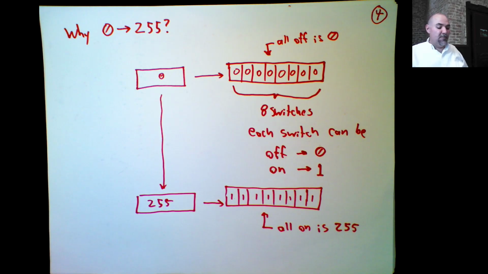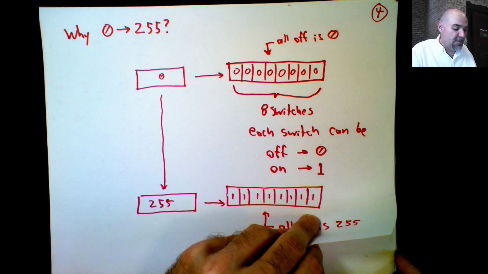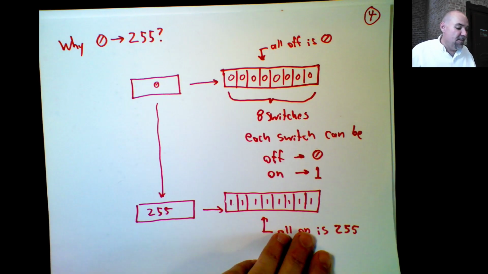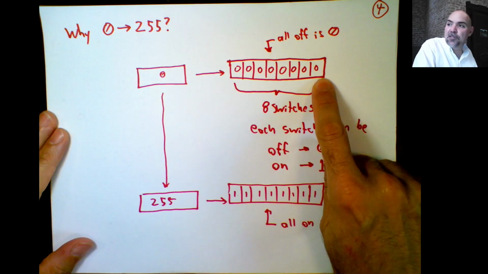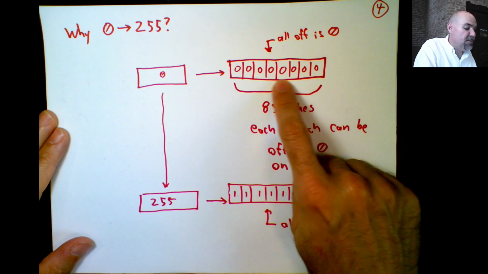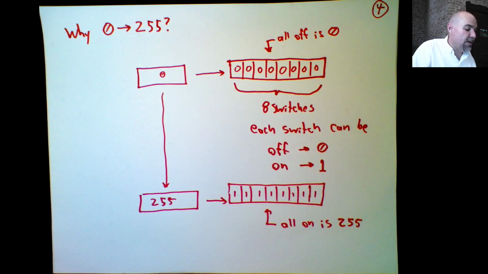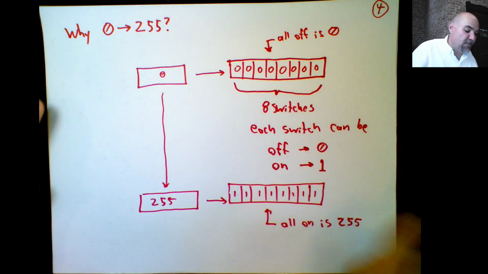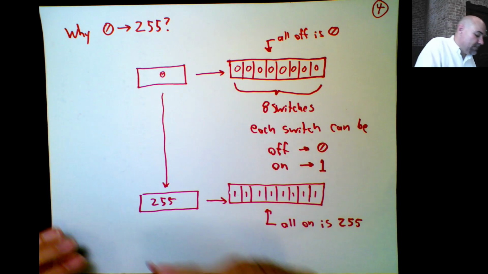And I'm going to go one step further in explaining this. The cool thing is that each of the positions in this are really just places, just like you would have in a decimal number. But since there are only 2 possibilities, 0 and 1, this is a system called binary.